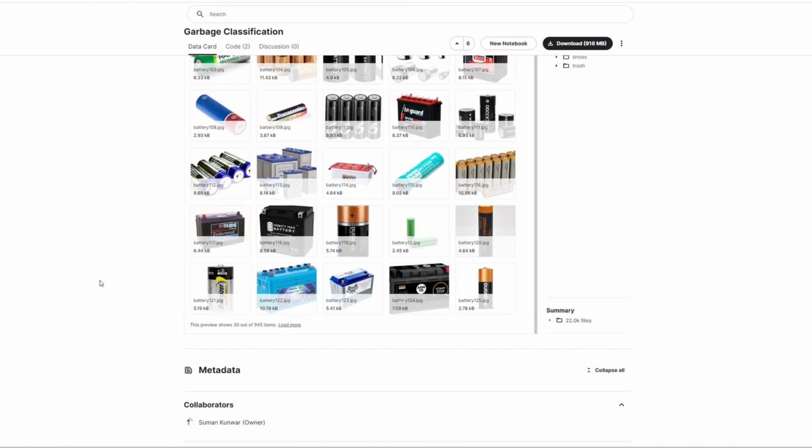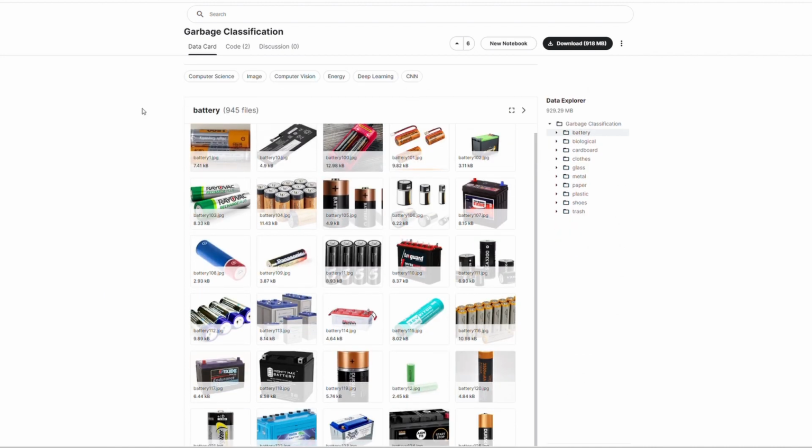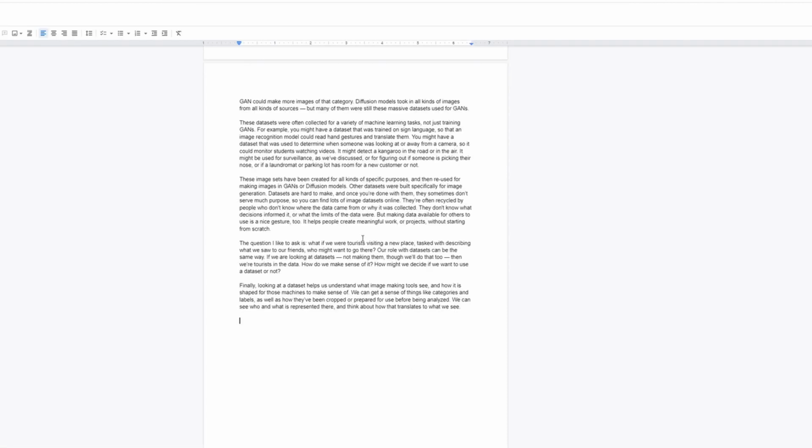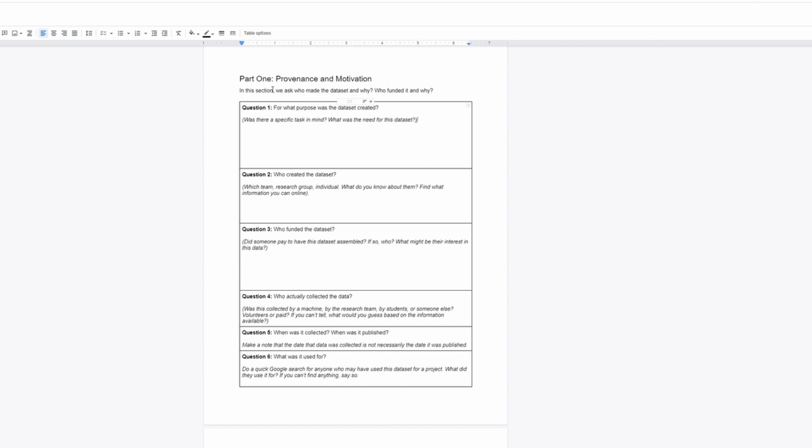So, okay, this is the bulk of it. We go through and we say provenance and motivation. We're asking who made the data set and why. So this part one is about provenance, where did it come from? And motivation, why does it exist? We came through some of these questions. For what purposes was the data set created?